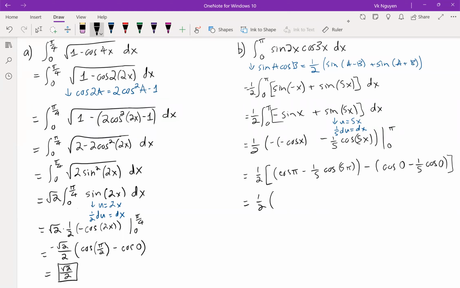Cosine pi is negative 1, so minus 1. And cosine 5pi is the same thing, negative 1. So minus 1 over 5 times negative 1. Okay. Minus cosine 0 is minus 1. And same thing, 1 over 5, cosine 0 is 1. Work out the fraction, and ta-da! We have negative 4 over 5.